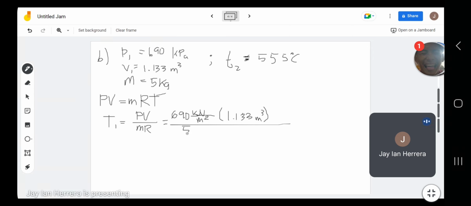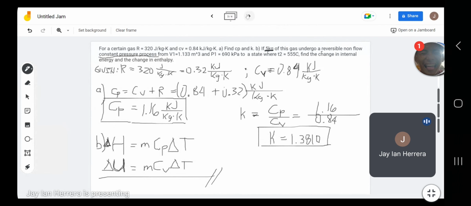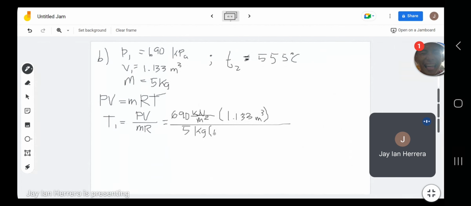Mass natin ay 5 kilograms multiplied by the R natin. So, ano yung R from the given? We have 0.32 kilojoule per kilogram Kelvin, or kilonewton meter all over kilogram Kelvin.